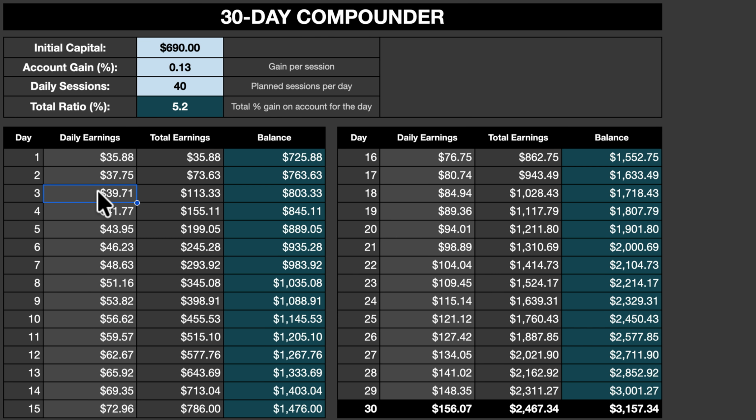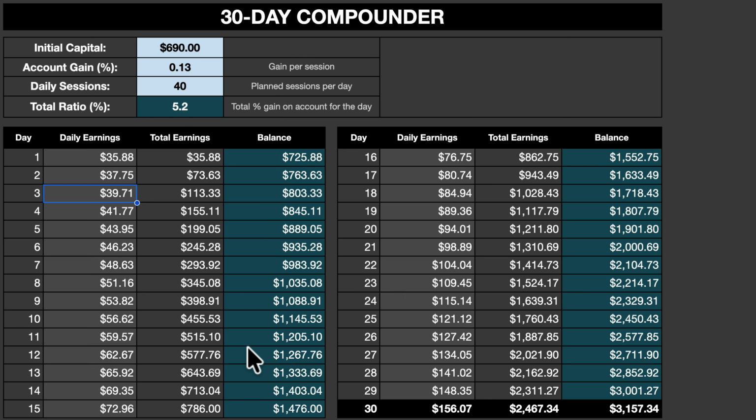As your daily earnings grow, also keep in mind that as you're adding more capital to your balance, it's compounding. So you're utilizing more money, and you're able to catapult yourself to those higher numbers much faster instead of just using the same capital, the same dollar amount.